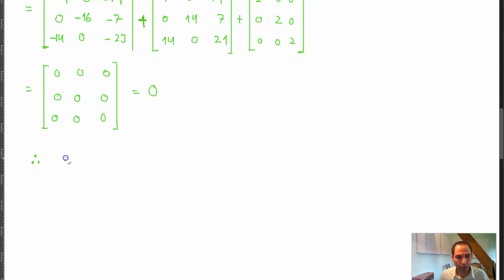which means that this is actually equal to O, which means that basically A cube minus 6 times A squared plus 7 times A plus 2I is equal to O, considering the fact that A is equal to this matrix 1, 0, 2, 0, 2, 1, 2, 0, 3.